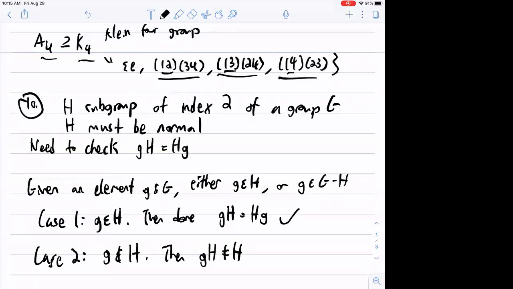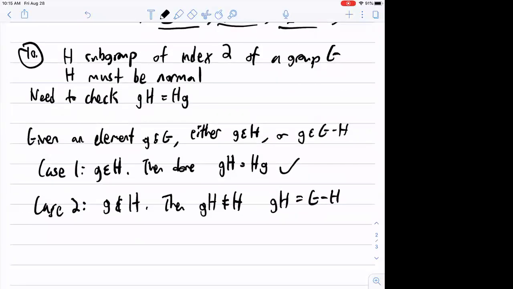I mean, hopefully you all know this, right? So what does this mean? Well, this means that gH is equal to G minus H. So this is where I'm using its index 2. Because my group G, remember cosets partition G, and I only have 2.